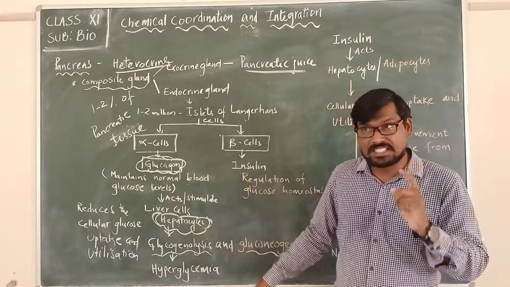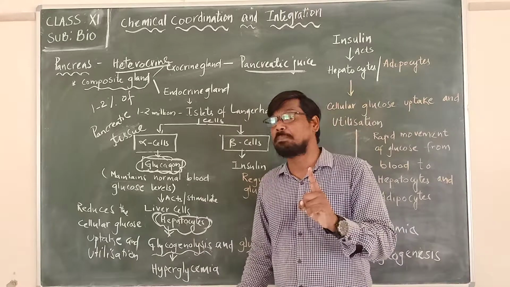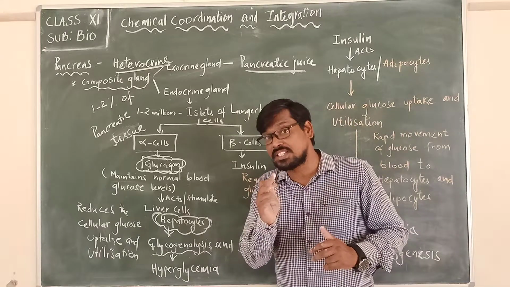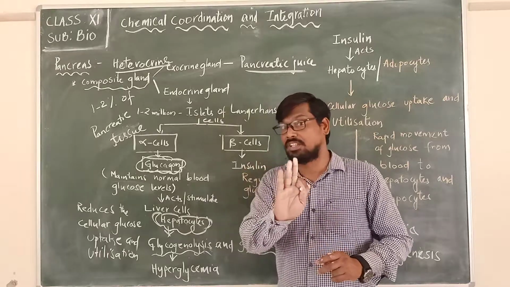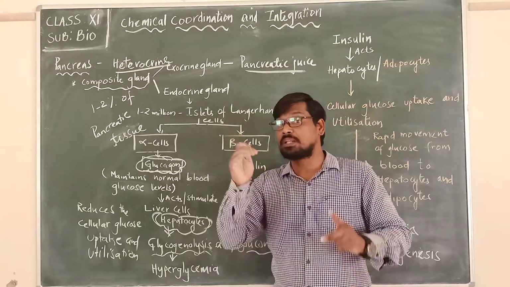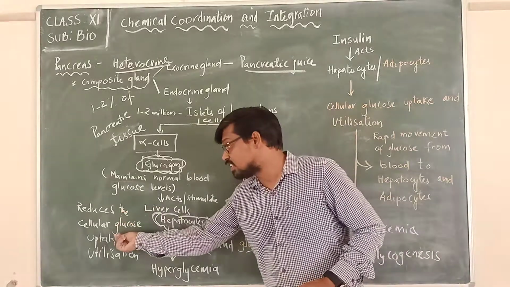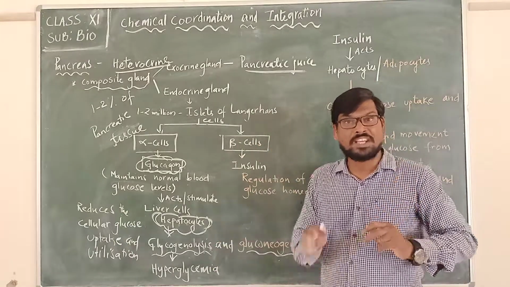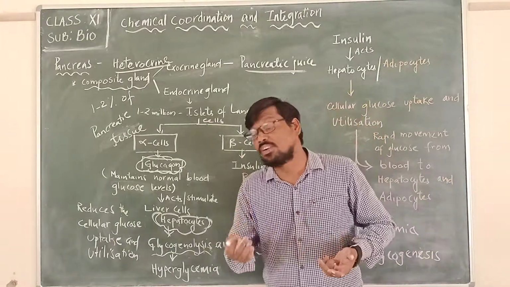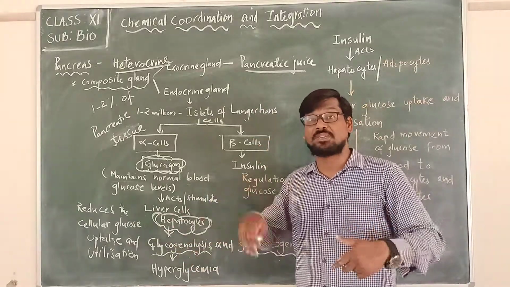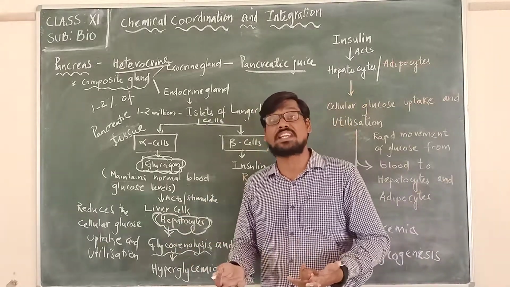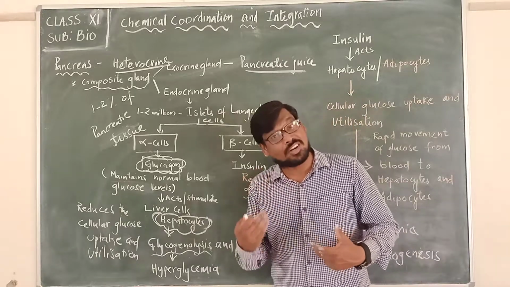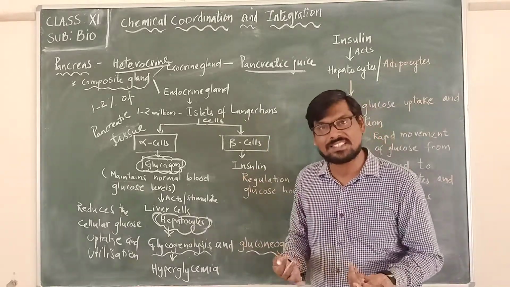And at the same time, a very important point that we have to remember is that it is increasing the sugar levels in the blood, but it is reducing the cellular glucose uptake and utilization. It is reducing what? The cellular glucose uptake and utilization, meaning the cells cannot take more glucose, and they cannot utilize this glucose.